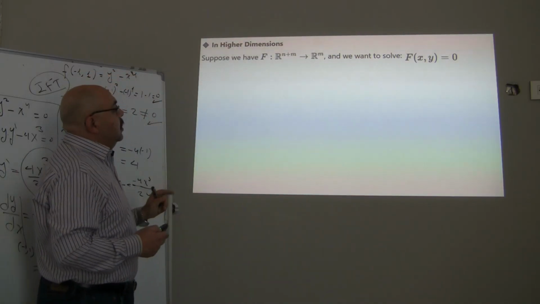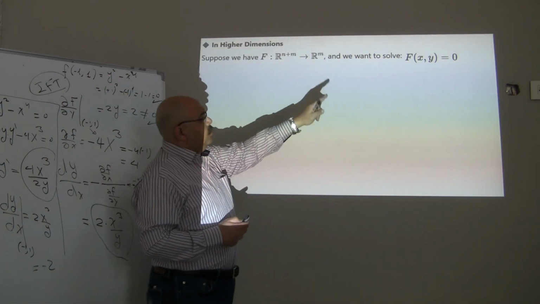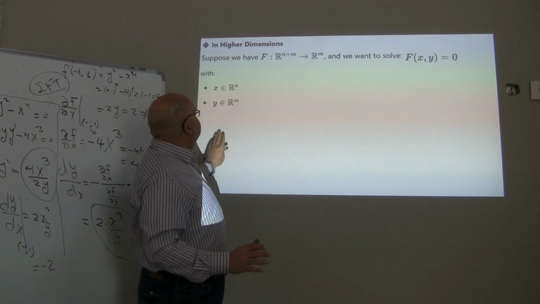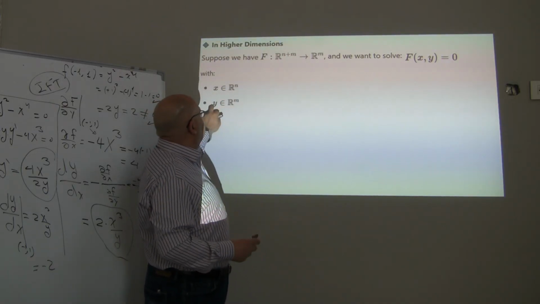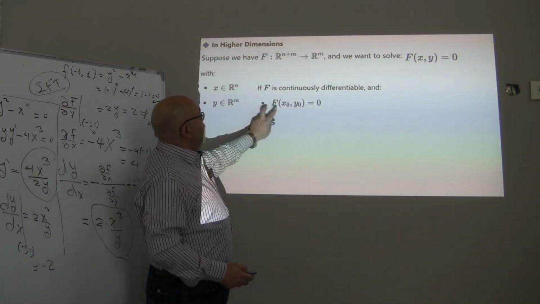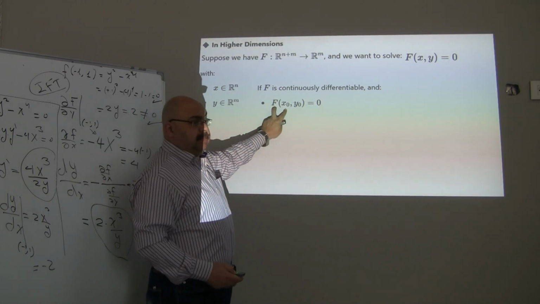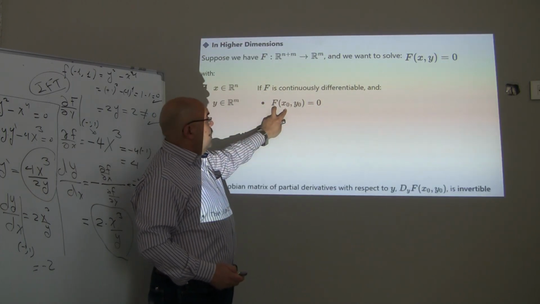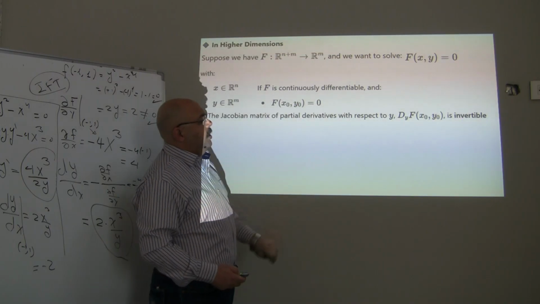The function is f of x, y equal to 0. All I have to do is check that x belongs to R^m and y belongs to R^n. That's the function which must be continuously differentiable, and the continuity condition is okay.